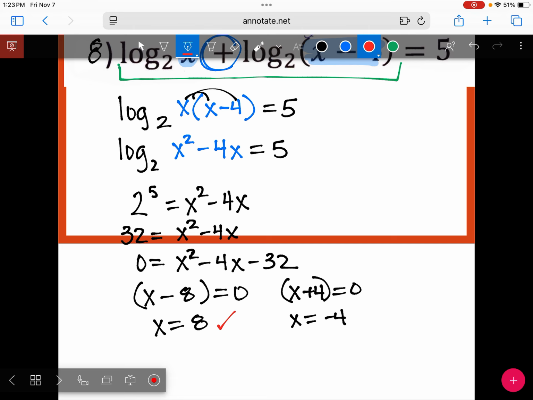But when I put the negative 4 right here, I'm already out. You cannot take the log base 2 of a negative 4. There isn't an exponent that I can put on a 2 that will give me a negative 4. Even if I have a negative exponent, it's still positive. So this is out. We call that extraneous. So extraneous means we got a solution, but we can't use it.